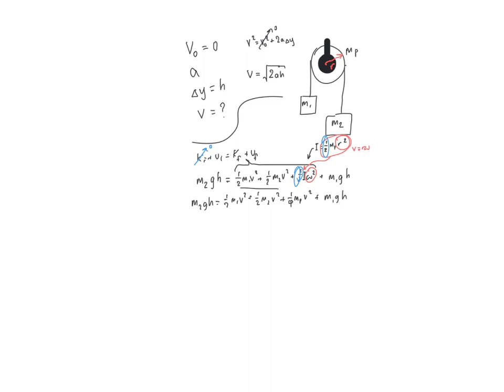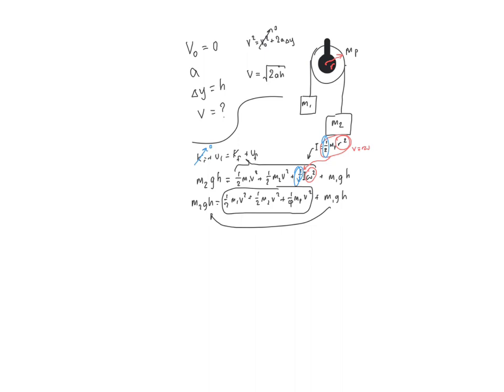We have 3 terms, all which have a v in them. So let's bring this term over to that side, factor out the v squared from all of this stuff, and you can also multiply everything by 2. That'll at least get rid of some of these fractions in here.